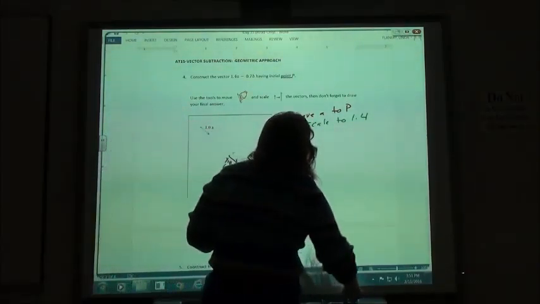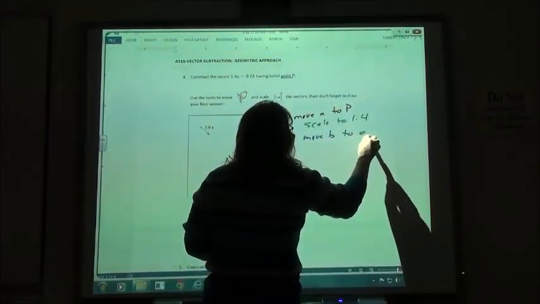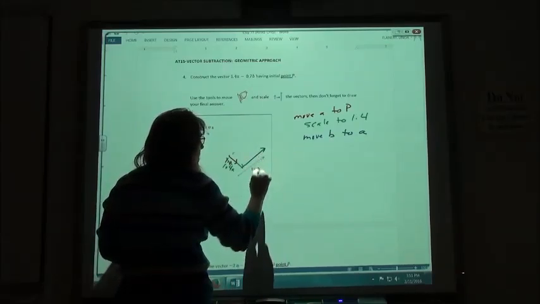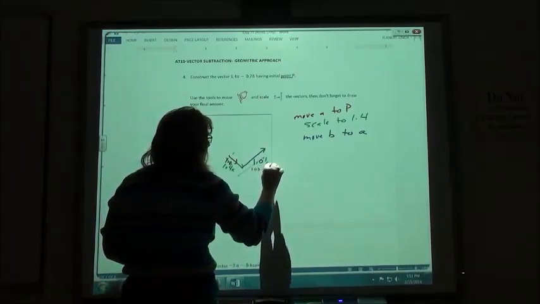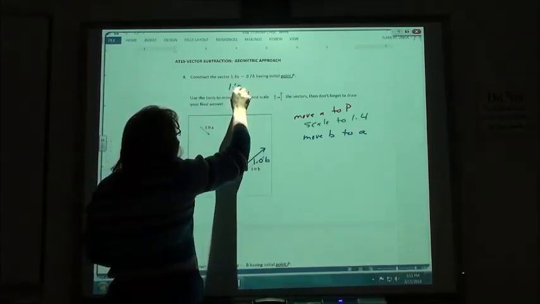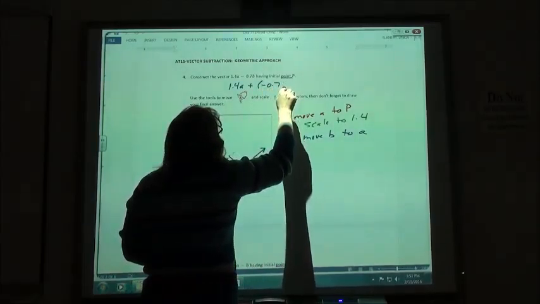Then I'm going to move b to a. So I'm going to grab that, I'm going to put it here on the end. It's going to say 1.0b, but I want to do 1.4a plus a negative 0.7b.